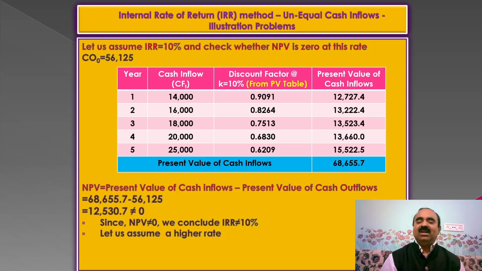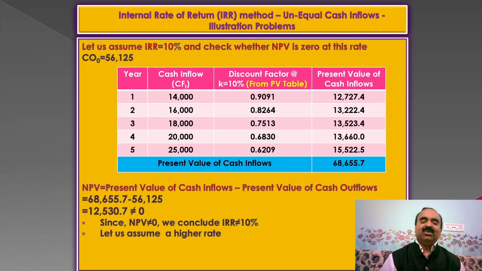By adding all these values, I got present value of cash inflows as 68,655.7, which was shown in the blue row. As already defined, NPV is equal to present value of cash inflows minus present value of cash outflows.